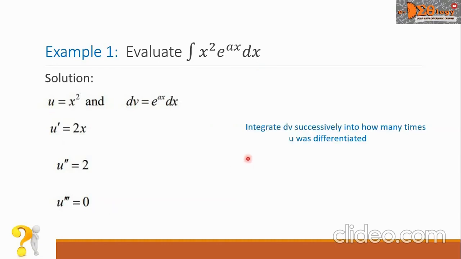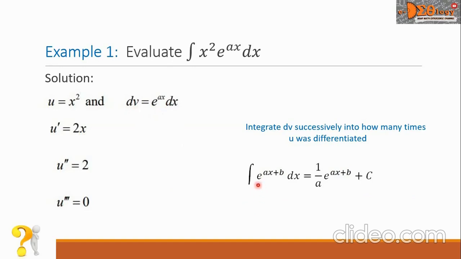Next step, we're going to integrate dv successively as many times as u was differentiated. We can see here that we reach the third derivative before it becomes 0, so we must do 3 integrations from dv. Our function here is exponential, so let us use this general formula for exponential.